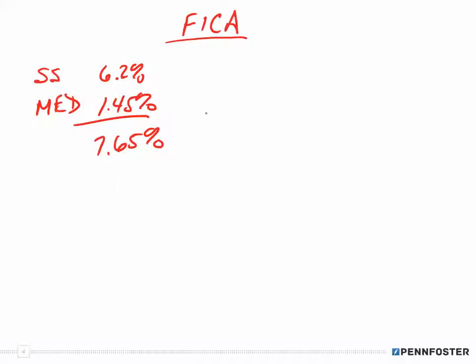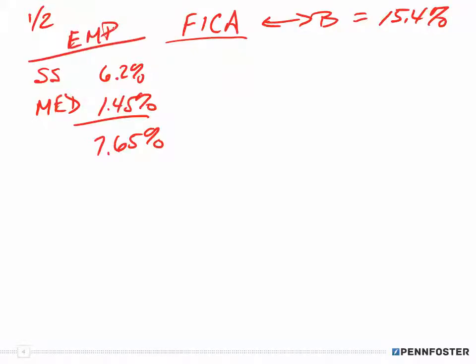Here's the thing. FICA is a tax by the government, right? Now, what they do when they go talk to the business is they say, Mr. Business, we want you to pay for Social Security and Medicare a total of 15.3%. One half of that is going to be the employee's responsibility.